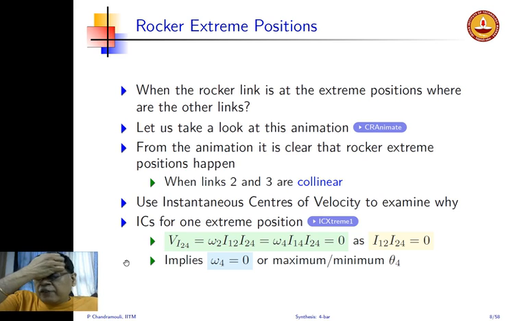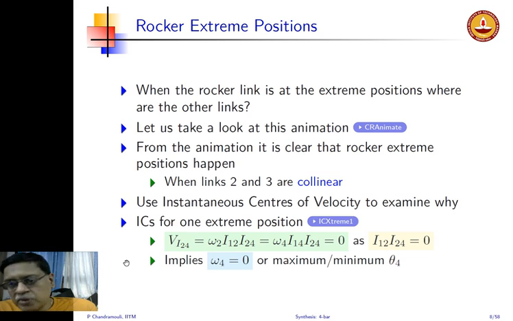If I treat it as a point on body 2, every point on body 2 is rotating about I12. So the velocity magnitude is going to be omega 2 times I12, I24, and perpendicular to that line.